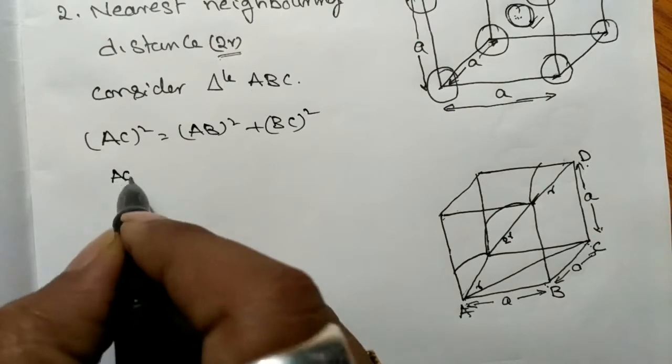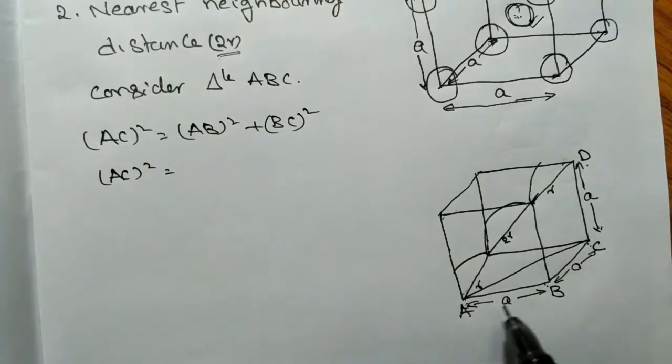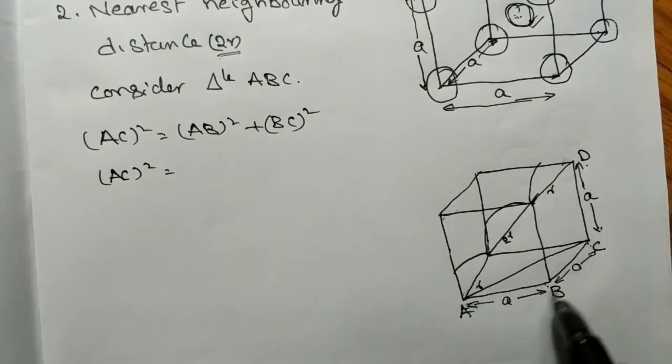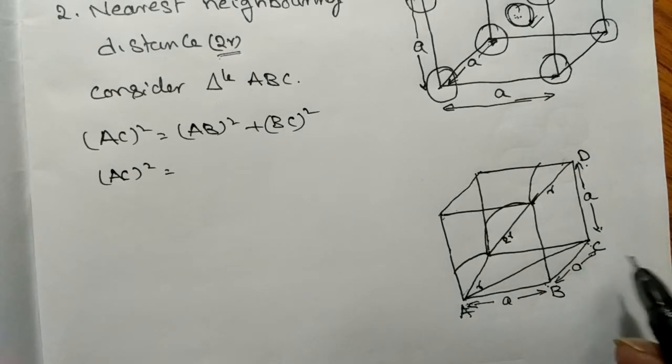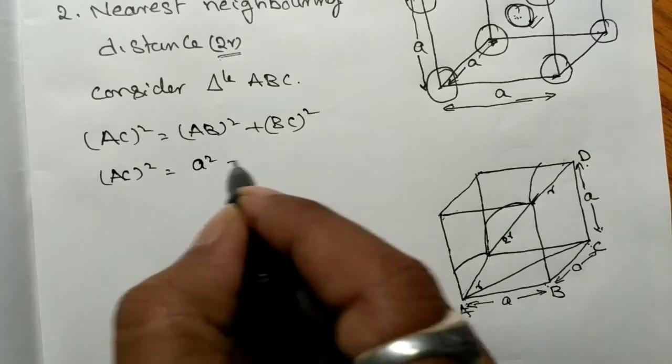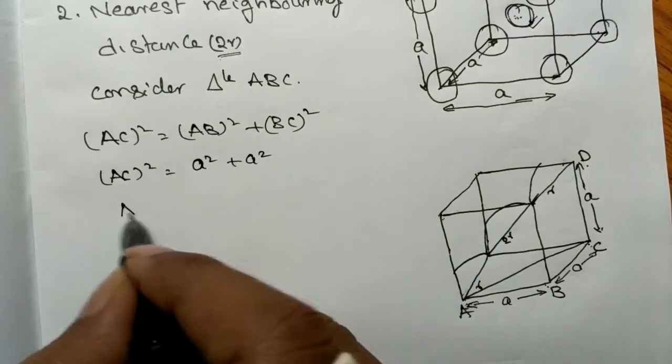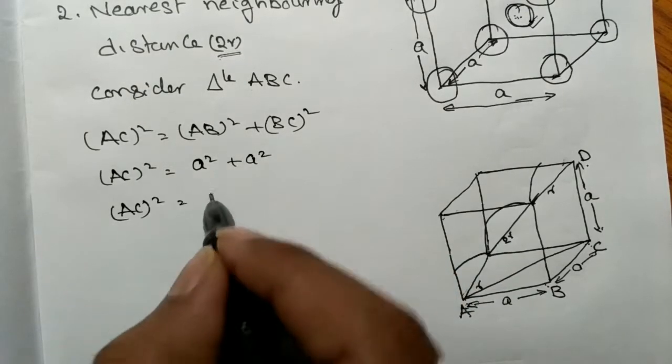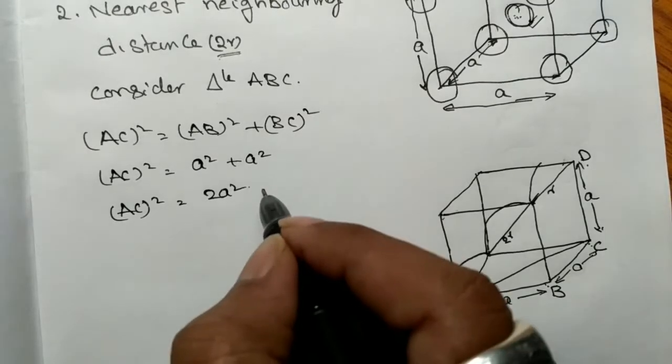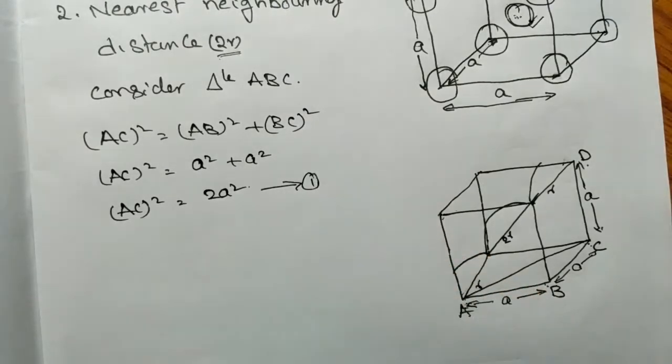AB is a, BC is again a, so a square plus a square. Then AC square is equal to 2a square. This is equation number 1.